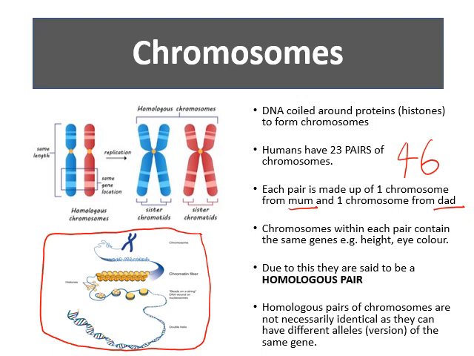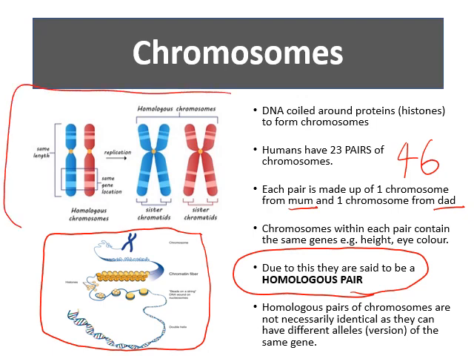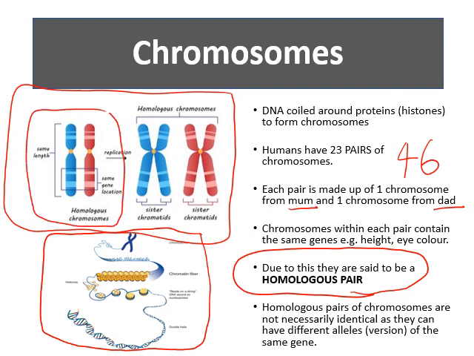A reminder from our previous notes that when we are looking at a pair of chromosomes that contain the same genes, we're referring to them as a homologous pair of chromosomes. So that second diagram on the screen here is to remind you of what a homologous pair of chromosomes might look like. So we might look at this set of chromosomes here.